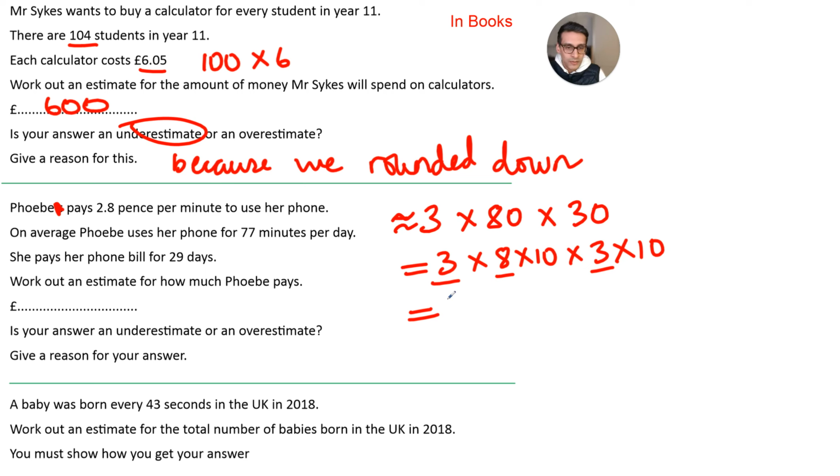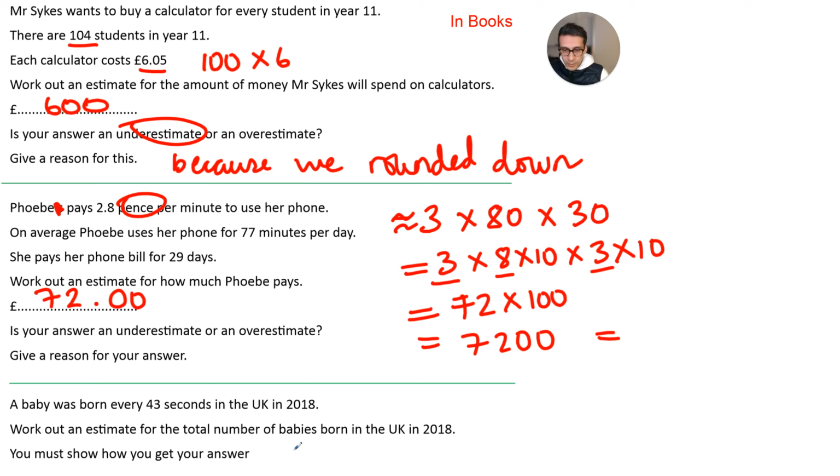So that will be 72 times 100, which is 7,200. Now that looks like a big bill, but we're talking about pence. So this is actually £72 and 0 pence. Okay, the last one I'm not going to go through. You can estimate that. That's a bit of a longer question.